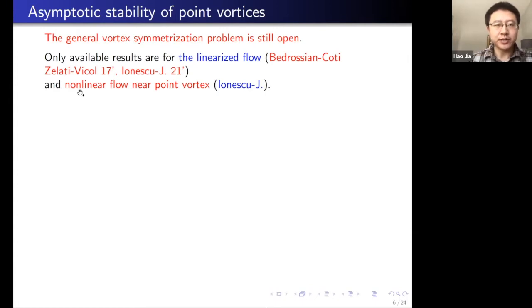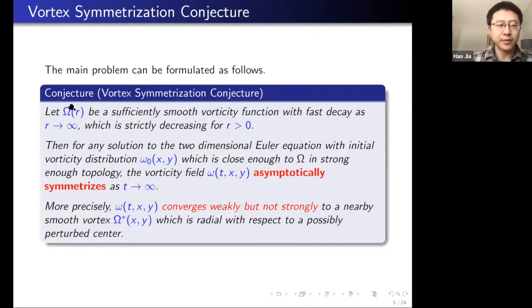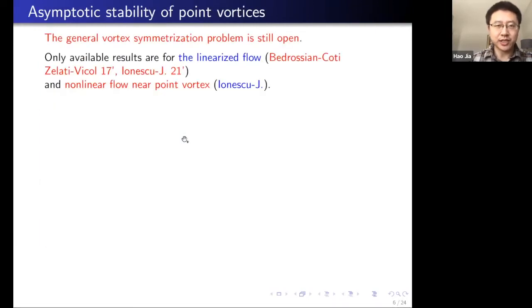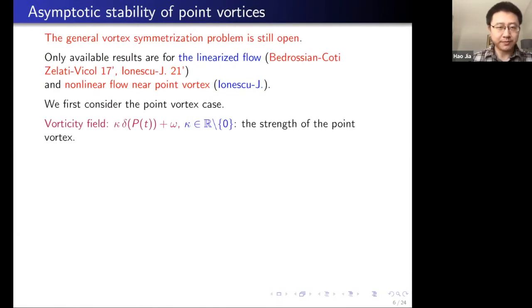In the nonlinear setting, for the full nonlinear problem, we have vortex symmetrization near a point vortex, a special omega which is a Dirac mass. It's not really in this category, but it's the first result that shows this kind of result can be proved mathematically.